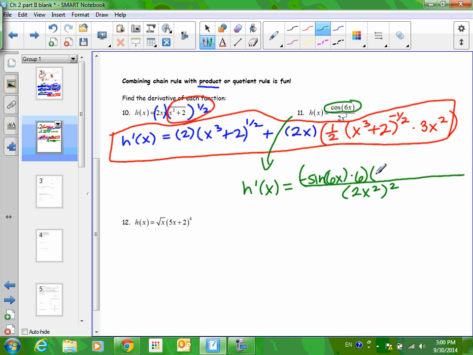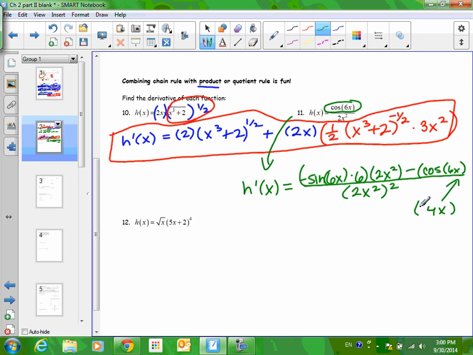So I'm going to multiply that by just regular old 2x squared minus, for quotient rule, I feel like I might run out of room here. So then I'm just going to write cosine 6x. And right there should be the derivative of 2x squared, which would be 4x. That should have gone up there in the numerator.